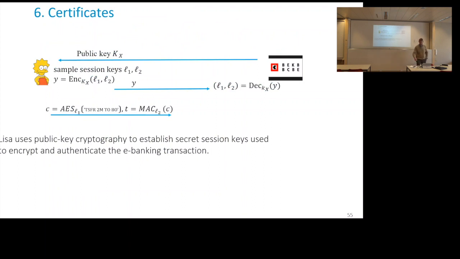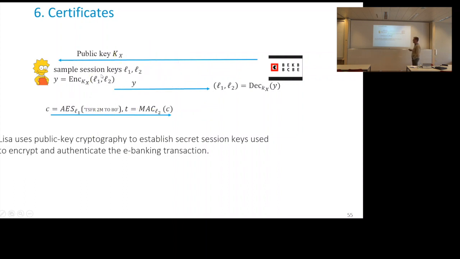This is what we can do with digital signatures, which are therefore very similar to tags. Now let's look at another problem. Lisa goes to her bank, gets the public key of the bank, and creates two session keys, one for encryption and one for verification, and then the transactions can happen happily with the bank.